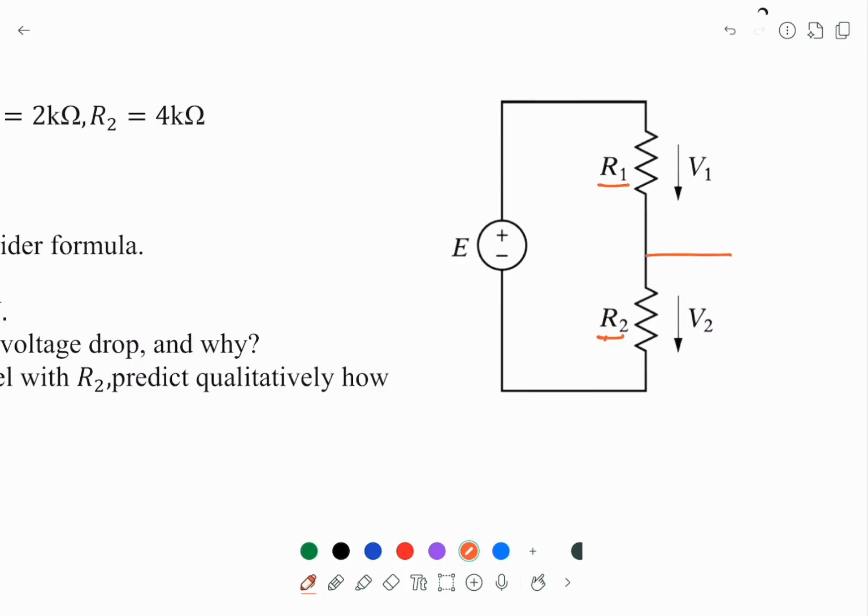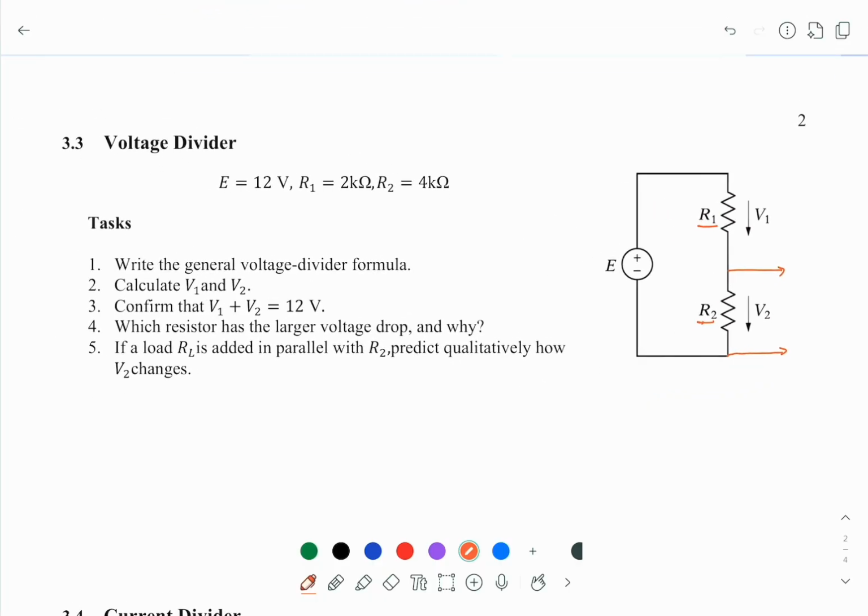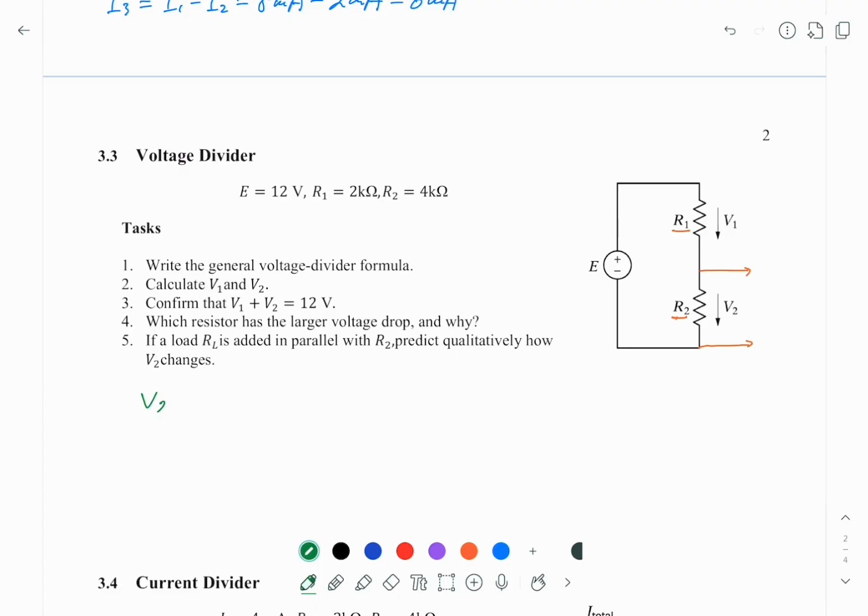So if we want to ask what potential across R2, we can write down the equation. So V2 is proportional to the voltage source E and the proportional constant, there are two parts.